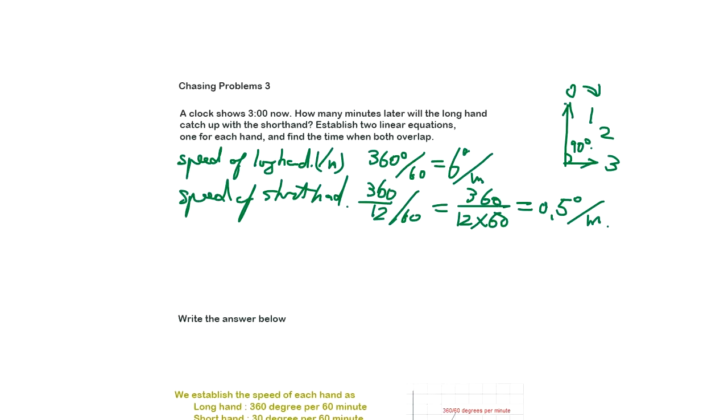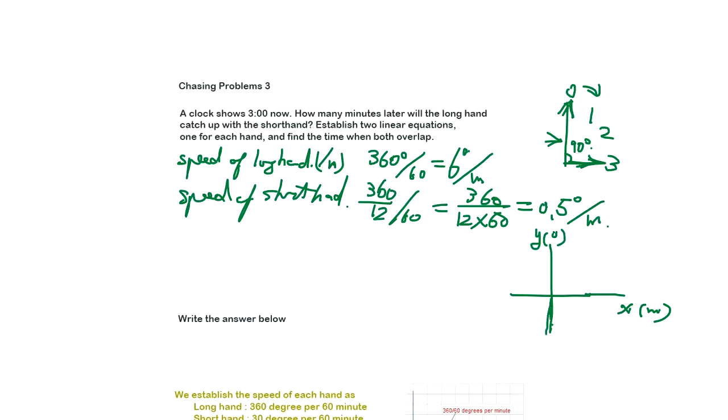So you can make an equation. The short hand starts from here, the long hand starts from here. So the handicap is 90 degrees, right? So if you draw the graph, x is minutes, y is degrees, right?